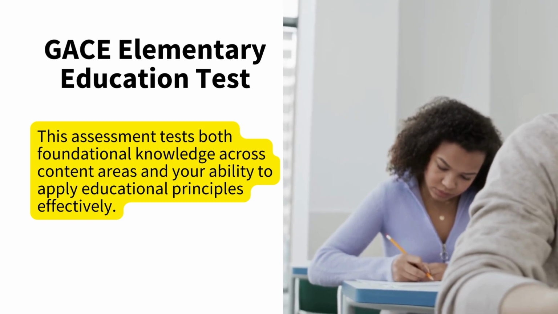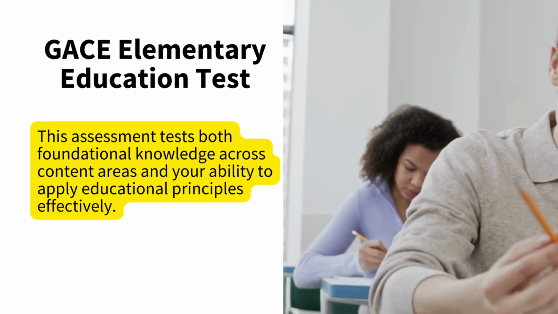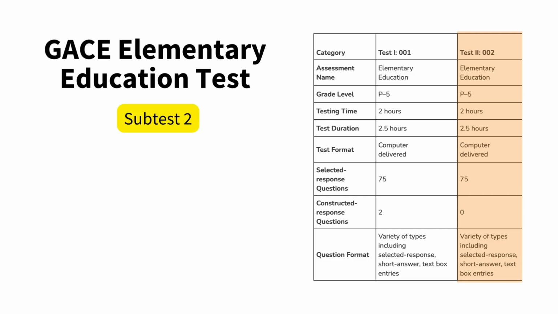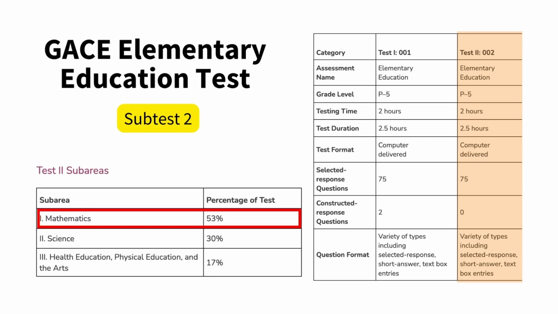And in this video, we're going to complete a practice test covering mathematics questions to help you get totally prepared for Subtest 2. Understand that the math portion makes up 53% of your total exam score.